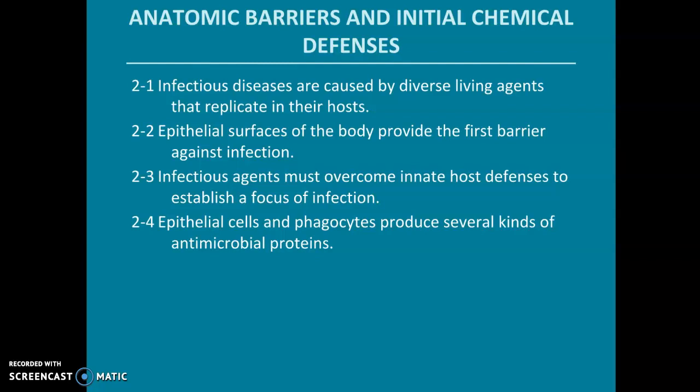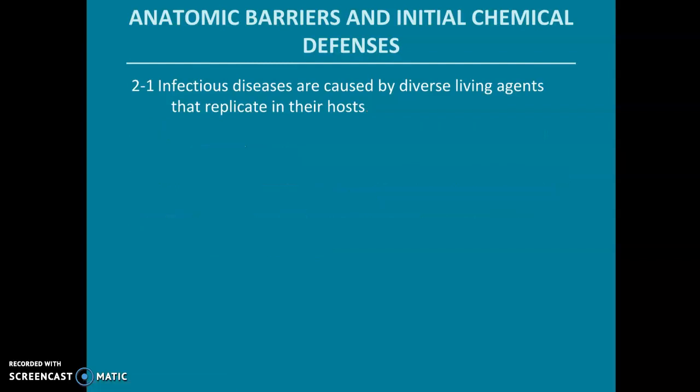But if they do get past that, then we need to overcome the infectious agent with innate host defenses, focus on the infection. So these would be phagocytic cells and producing antimicrobial proteins and peptides. Then there are other proteins in the bloodstream that are also going to help us out.